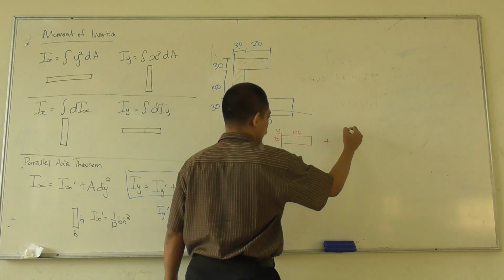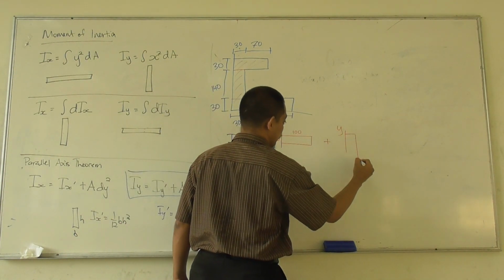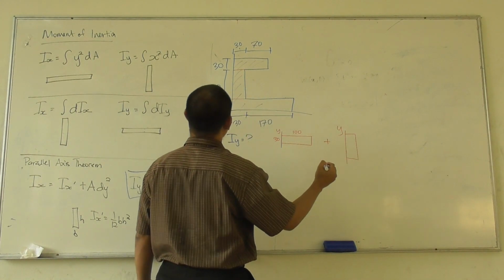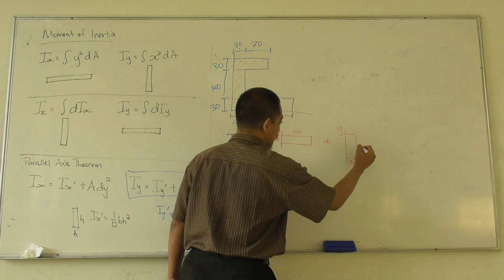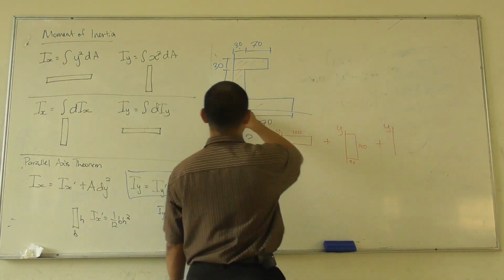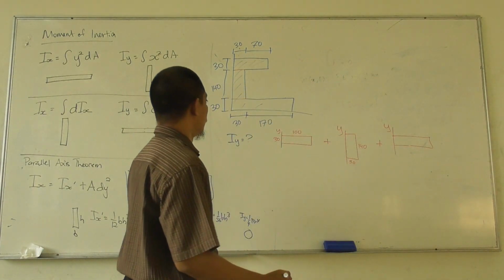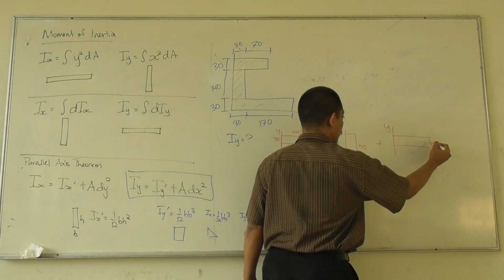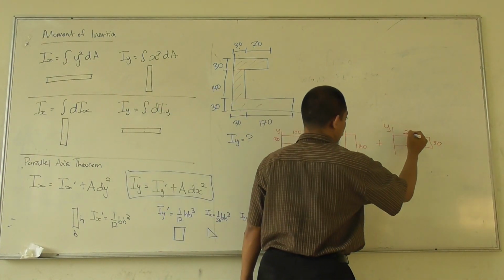Then plus, for this one, the y-axis, then you have 30 here, and 140 here, and then plus the y-axis, and 30 here, and 200.